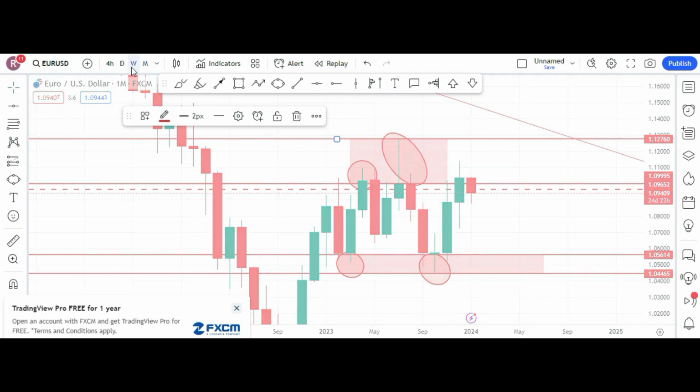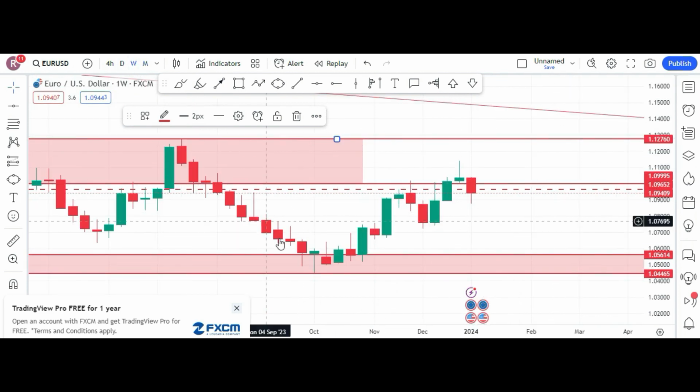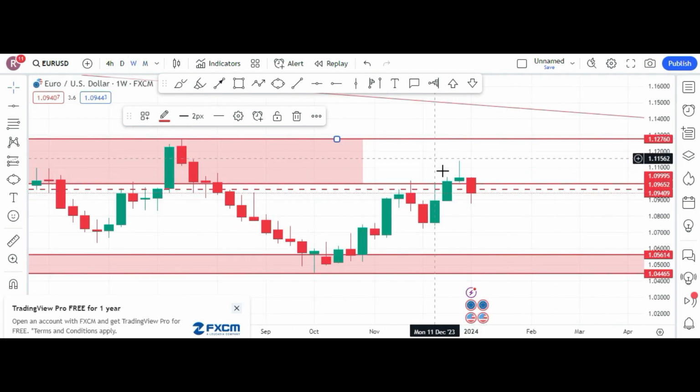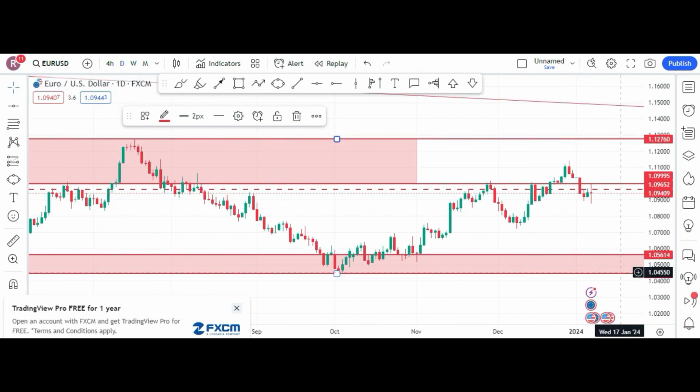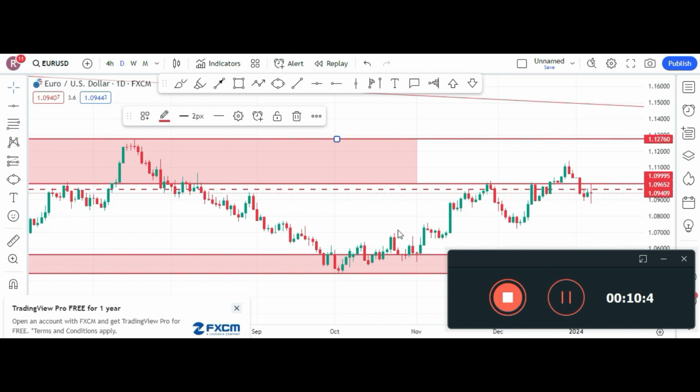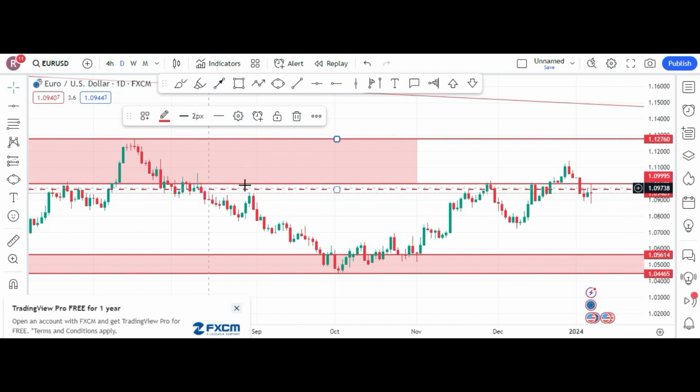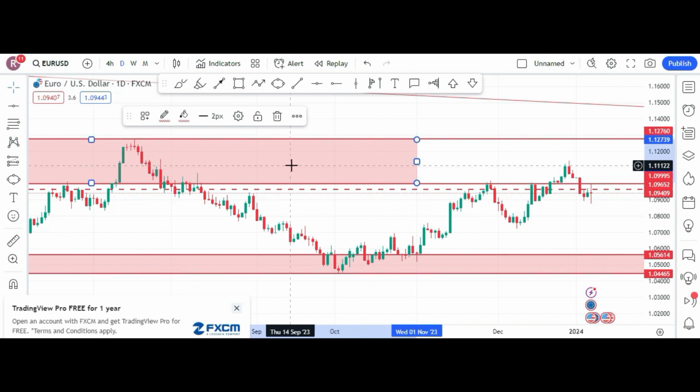Okay, in weekly we didn't find anything, no double top. It happened in daily. Now if we check, we can see that in the daily time frame this guy has been created from here. So let's take it off for the time being, guys.